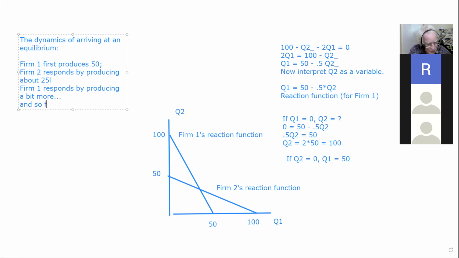And so forth until we arrive at the intersection of the two reaction functions.